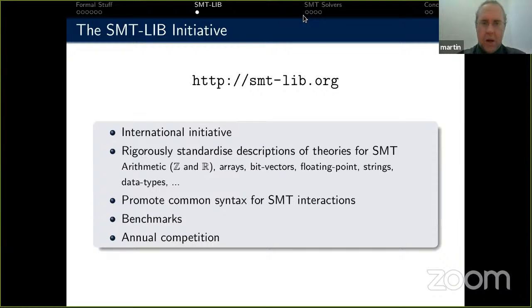Very early on in the development of the field, a number of people realized that there was benefit to making all of the solvers able to interoperate. That way we could share benchmarks, and we can actually meaningfully compare different solvers. And that's sort of the origin of the SMTLib initiative.